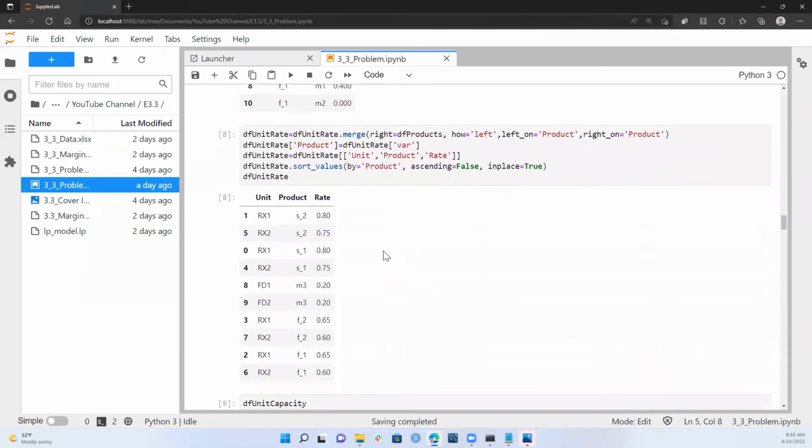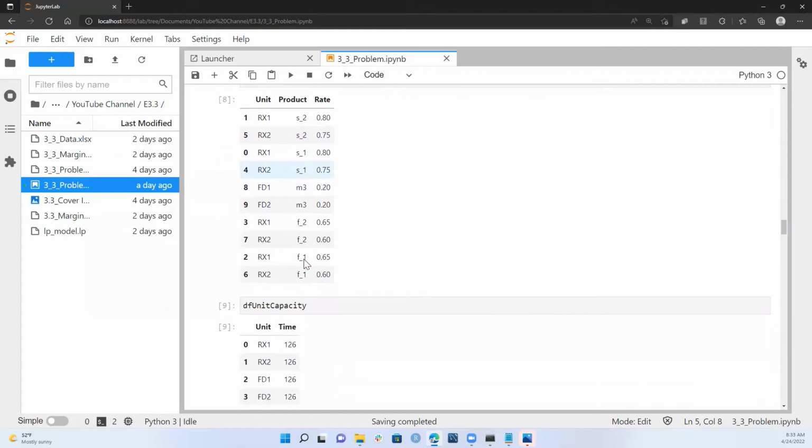In terms of the unit rate table, I actually do the same thing. I have my unit, the product that I'm making or can make on that unit, and the rate at which I can make it. Here, again, I do a left join, merging the tables on product, and that gives me the replication of that unit product rate table across the unique product names that I created earlier.